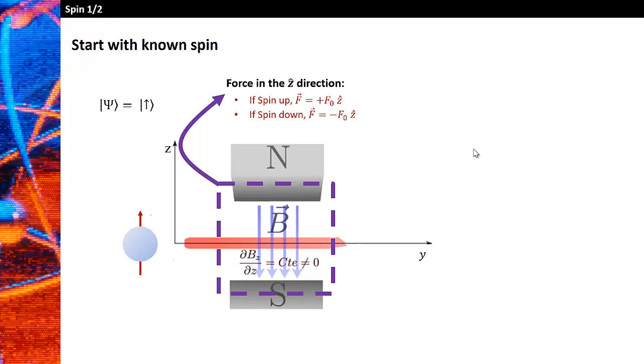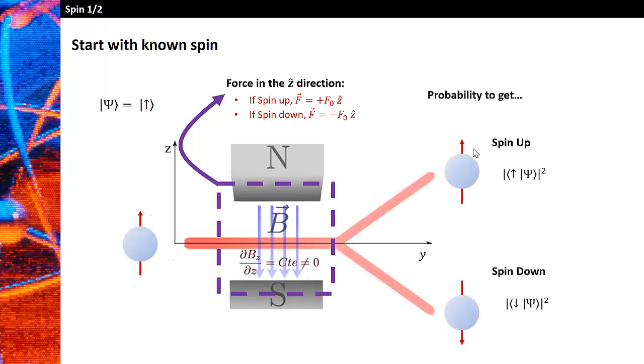And if you have spin down, there will be a force in the negative direction, so it'll get pushed down. So generally, if you had any spin going through here, spin up particles would get pushed upwards, spin down particles would get pushed downwards. And then you can imagine putting a screen or detector in the up or down areas and see what you find, and try and collect the particles as they come through.